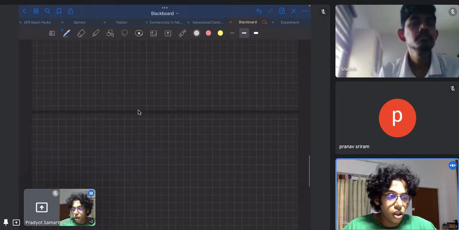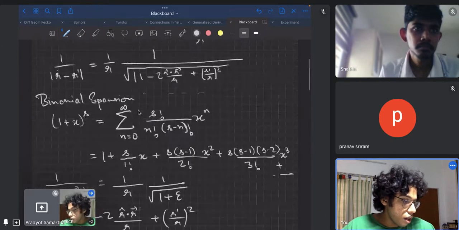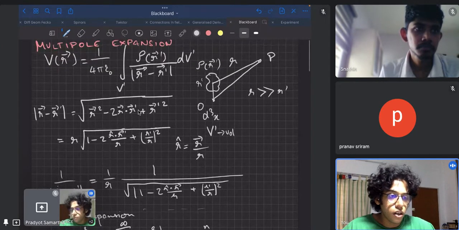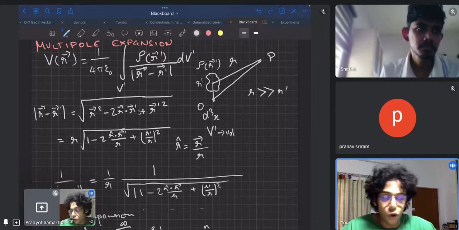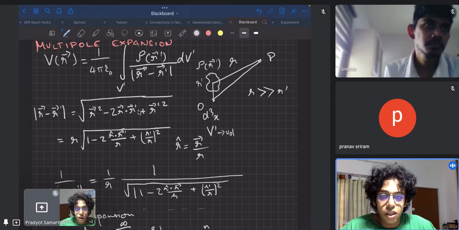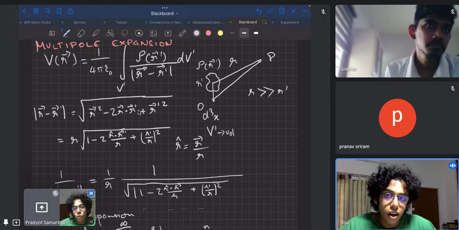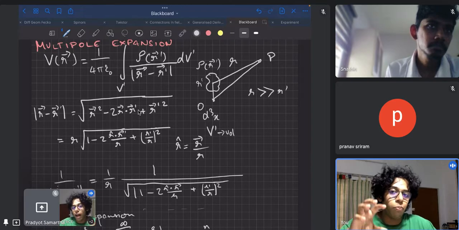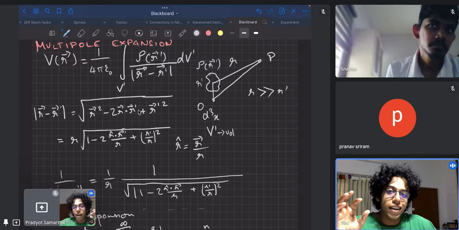Now the key idea is that sometimes in physics you have impossible problems where you can't figure out what rho of r prime is. You actually do this by assuming that there are n point-like charges scattered in this density, and the number n tends to infinity.